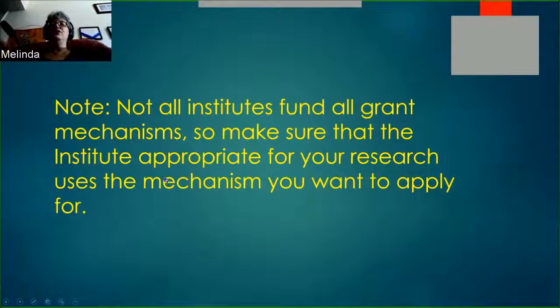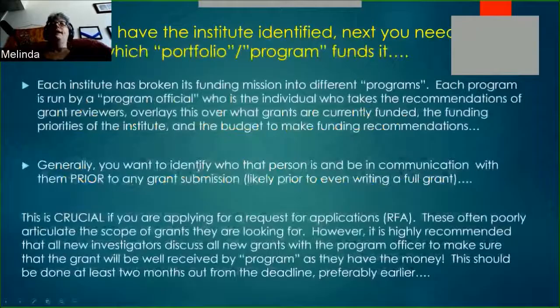Okay, again, not all institutes fund all grant mechanisms. So you have to make sure that you found not just the appropriate institute, but the appropriate mechanism that institute funds. All right, so institutes, though, are still huge. So once you have the institute identified, then you have to identify the portfolio or program that funds it.